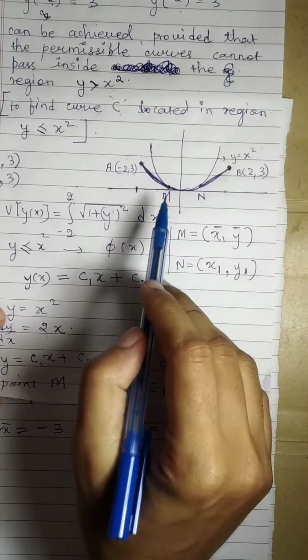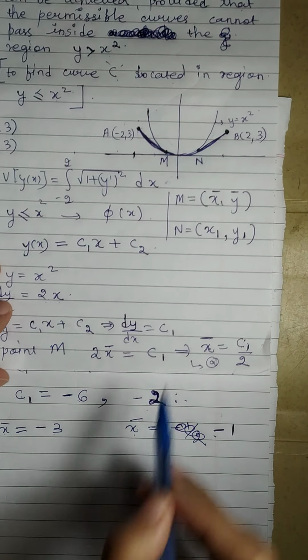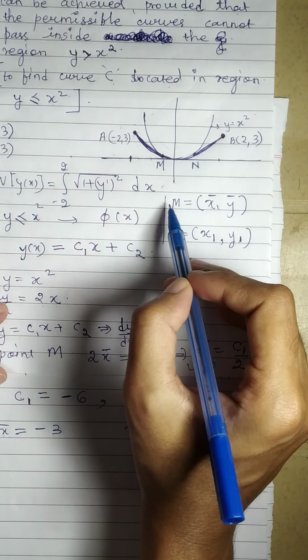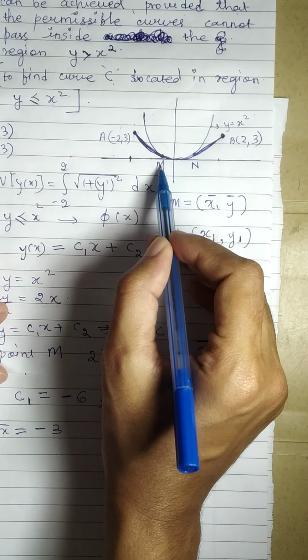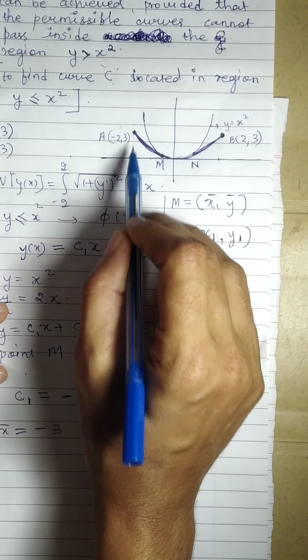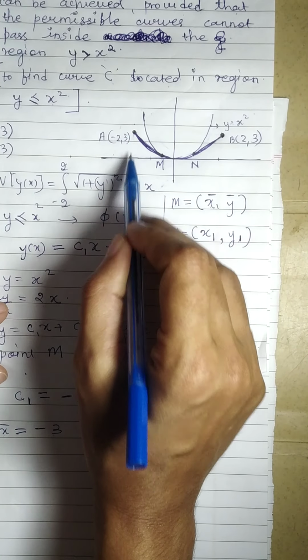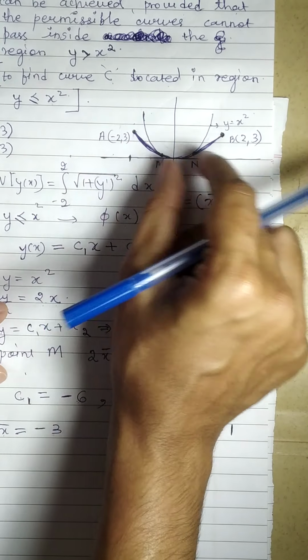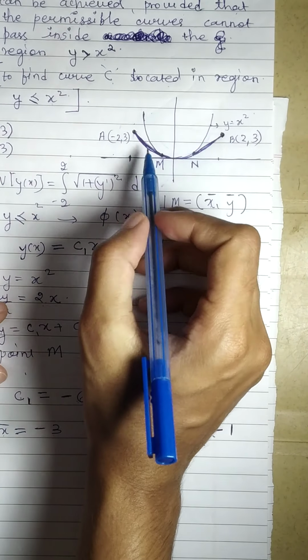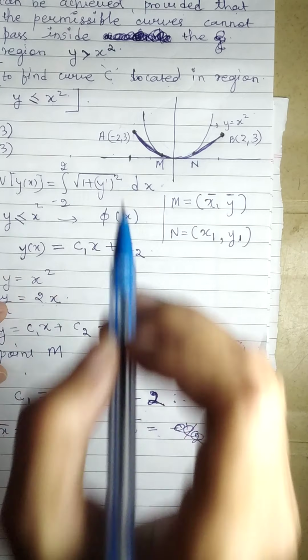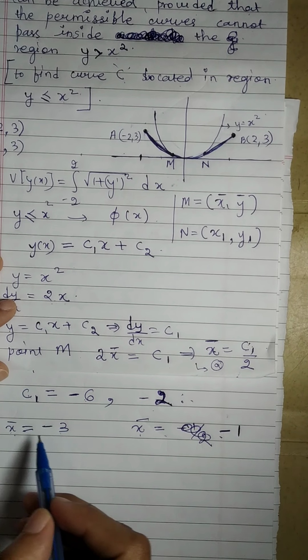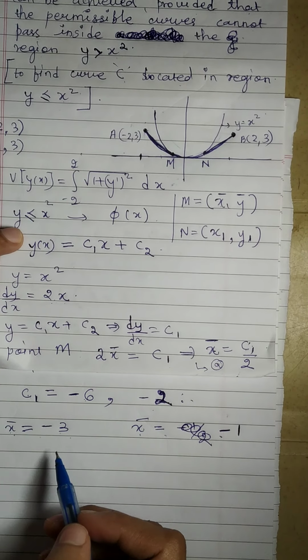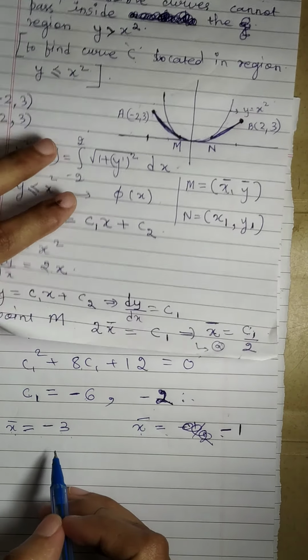Clearly from here, whatever this coordinate x bar of the point M is, it cannot be minus 3. It should be greater than minus 2. Therefore x bar equal to minus 3 is discarded, this is not possible.